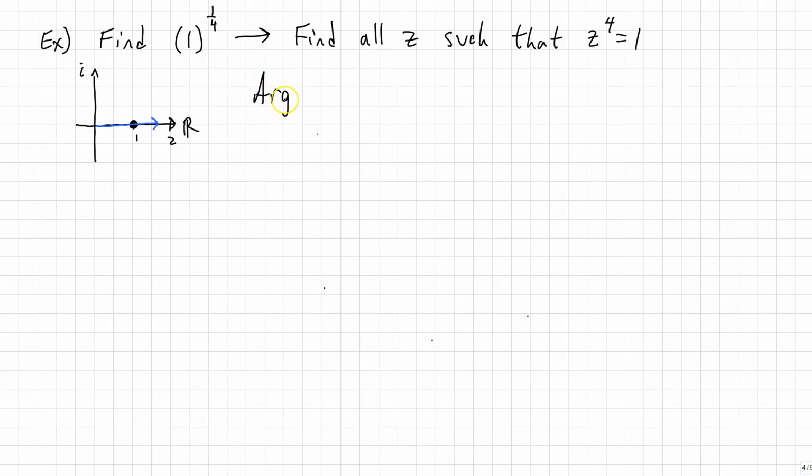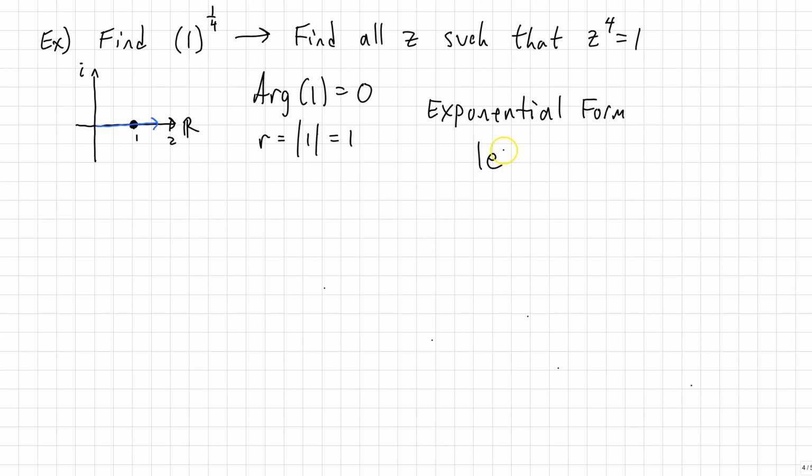So the principal argument of positive 1 is 0. Its modulus would just be 1. So in exponential form, we'd have 1 e to the i 0 plus 2k pi power, where k is any integer.